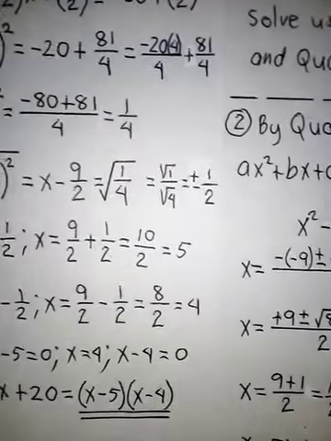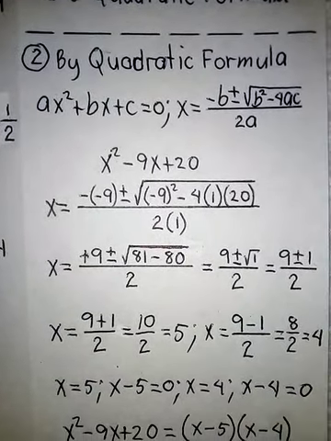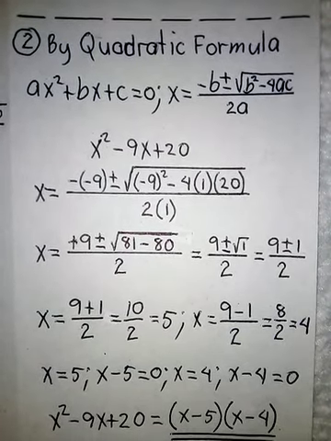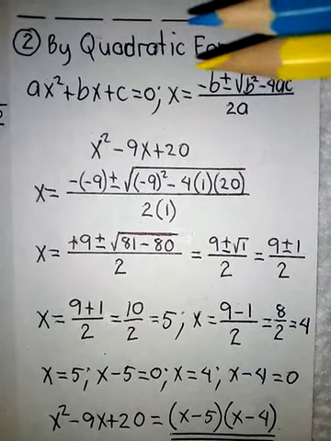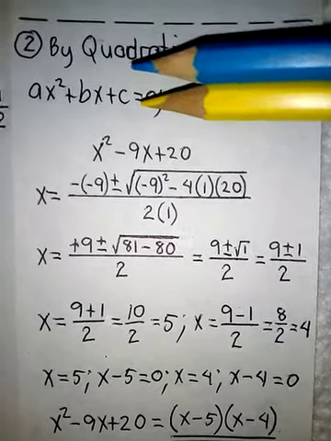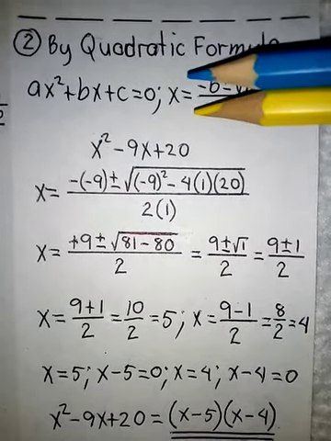So the last one, we will use the quadratic formula. So this is our quadratic equation, ax squared plus bx plus c is equal to 0.